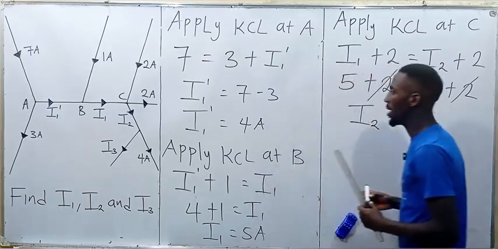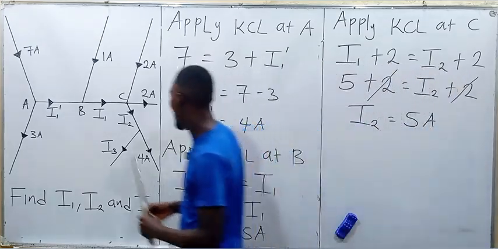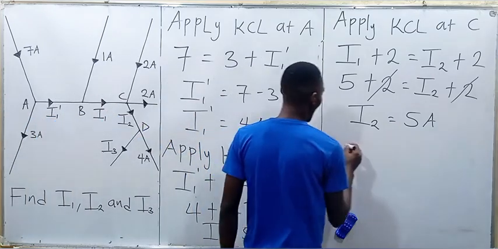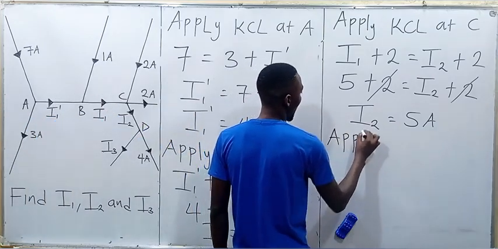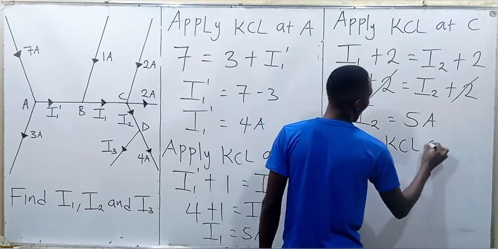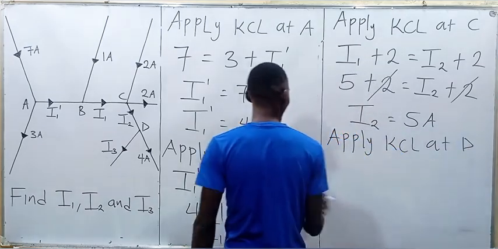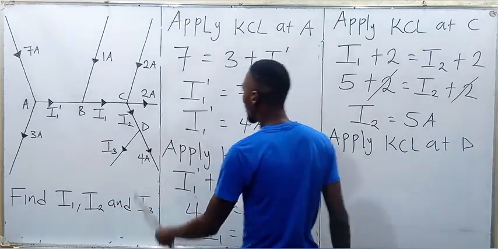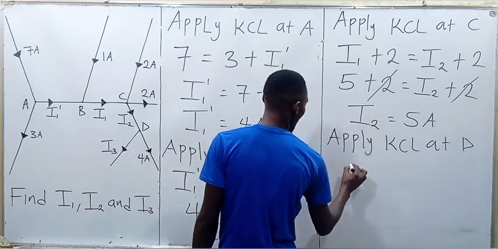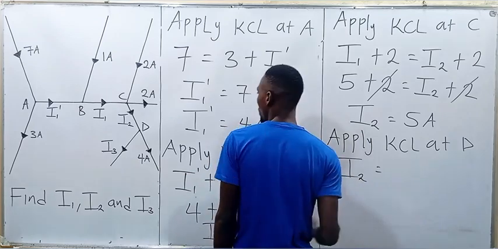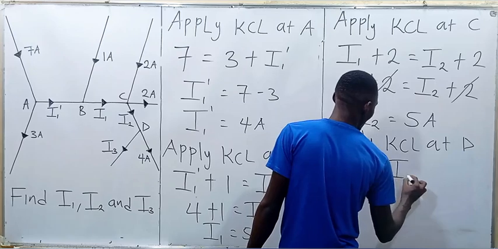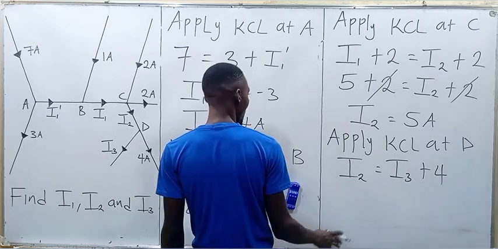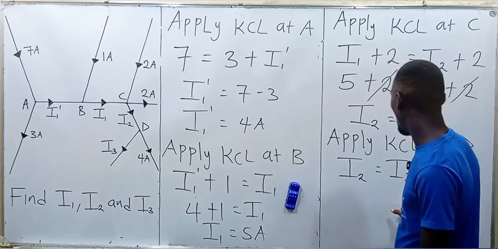All right, so again, we are going to consider this node here. Let's call this node D. If we apply KCL at D, the current coming in is I2, and the current going out is I3 and 4 ampere. So I2 will be equal to I3 plus 4.